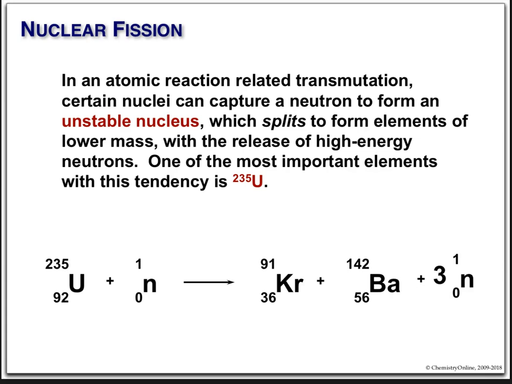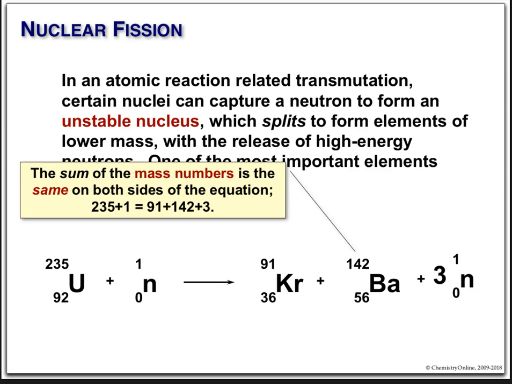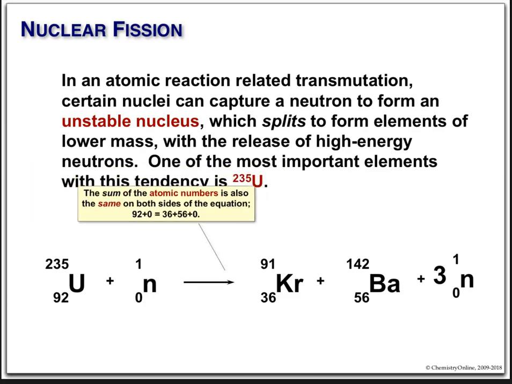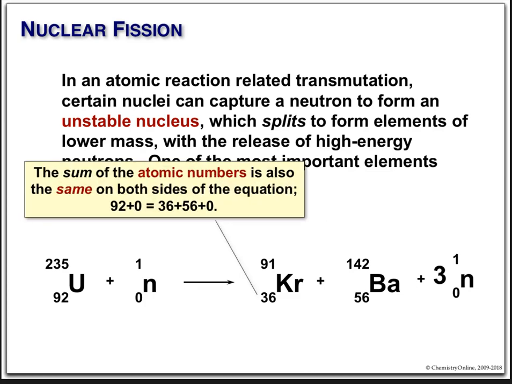If you add these guys, you will get 92. It's a valid equation. 235 plus 1, 91, 142, and 3. Again, these add up to 92.